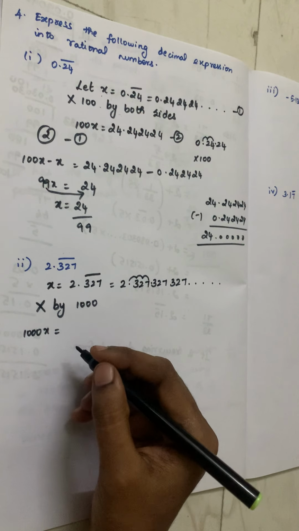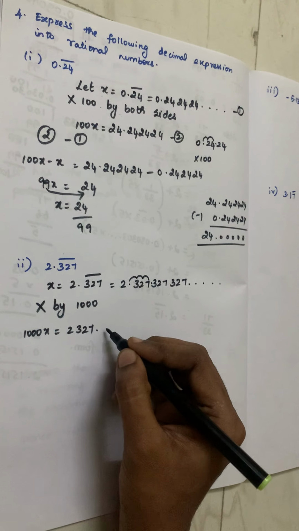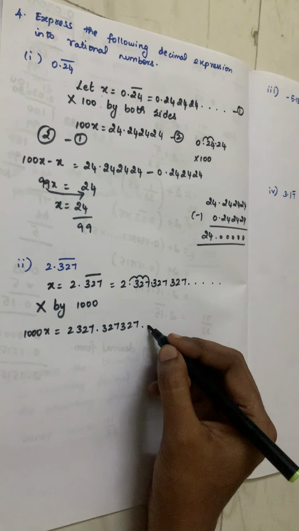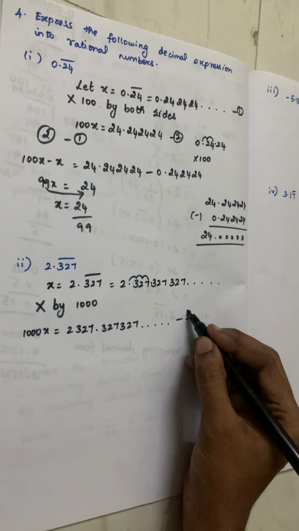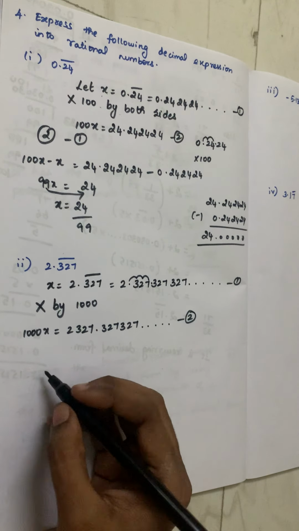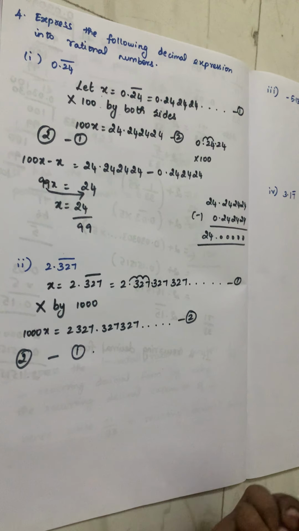So what can you write? 2327.327 will go on. Take this as the second equation, and take the other as the first equation. So equation 2 minus equation 1.